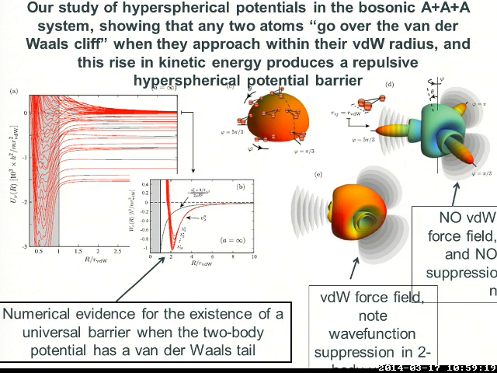There are many potentials shown here, and these are the Efimov channel potentials from 1 to 10 two-body bound states. And the thing that fascinated us is that there is this strong barrier occurring at about twice the van der Waals length.